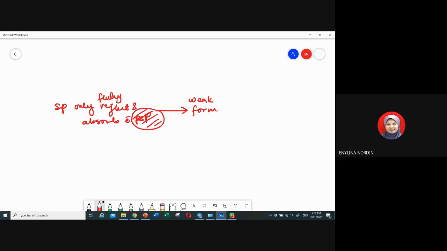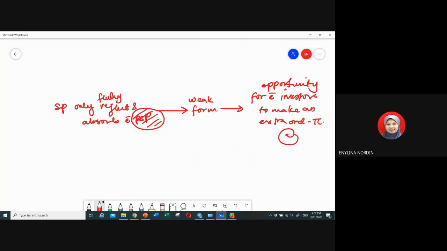So, is there any opportunity for the investor to make an extraordinary profit, or is there any opportunity for the investors to beat the market?